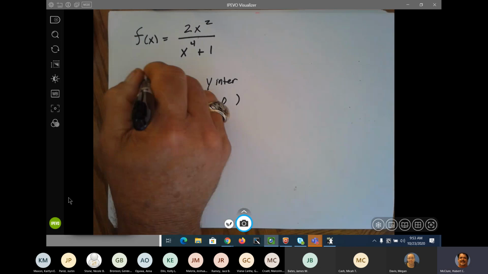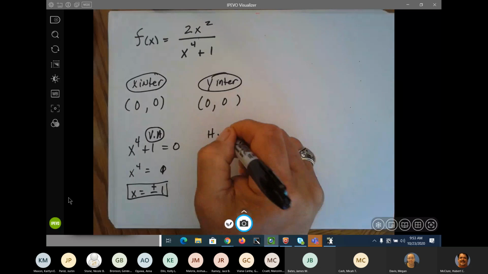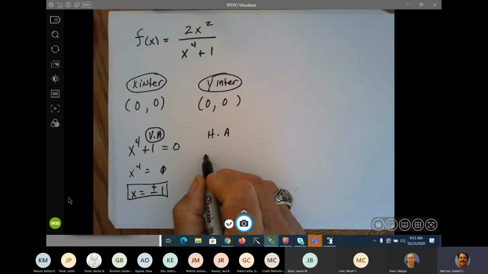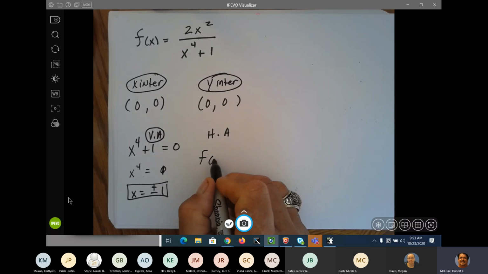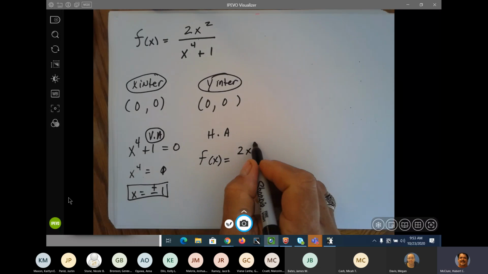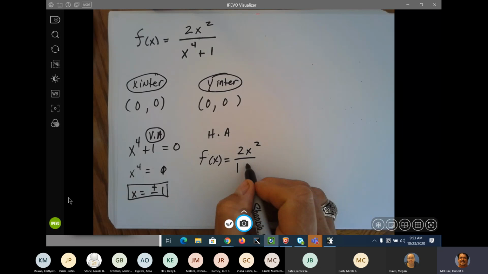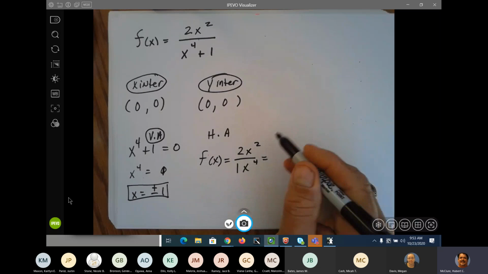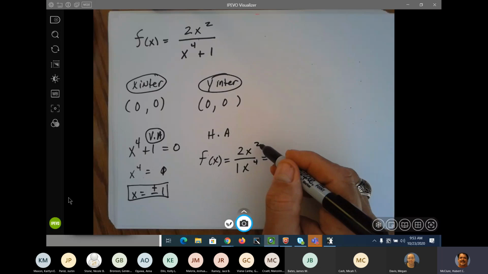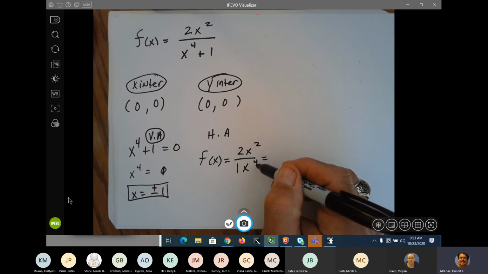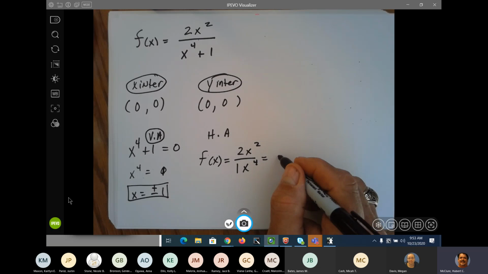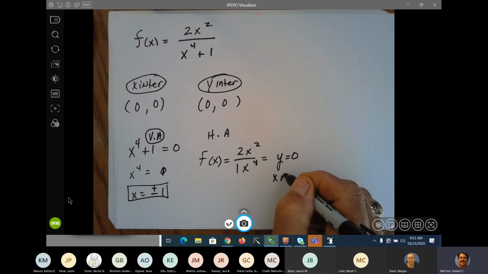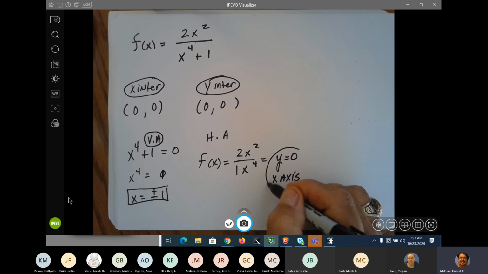And the horizontal asymptote, f of x is equal to 2x squared over 1x to the fourth. The degree of the numerator is less than the degree of the denominator. Therefore, my horizontal asymptote is y is equal to 0, which means the x what? Axis.